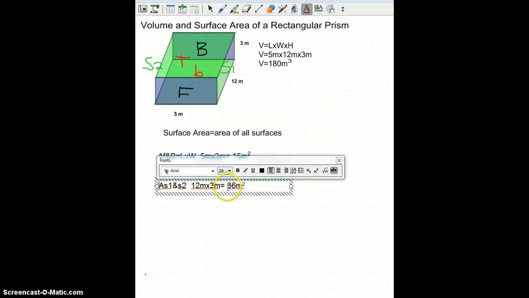And so you can do it 2 ways. You can multiply it by 2 separately, and therefore you get a total of 72 meters squared.